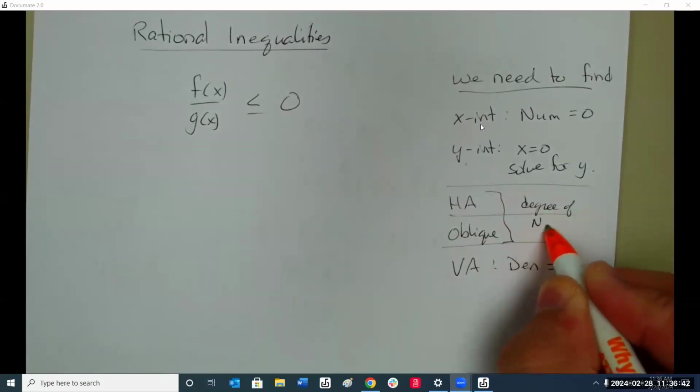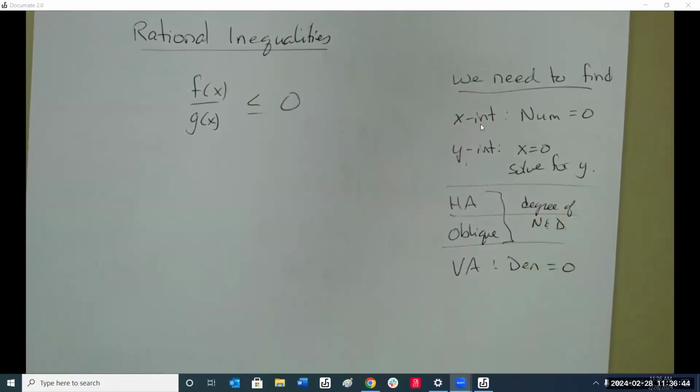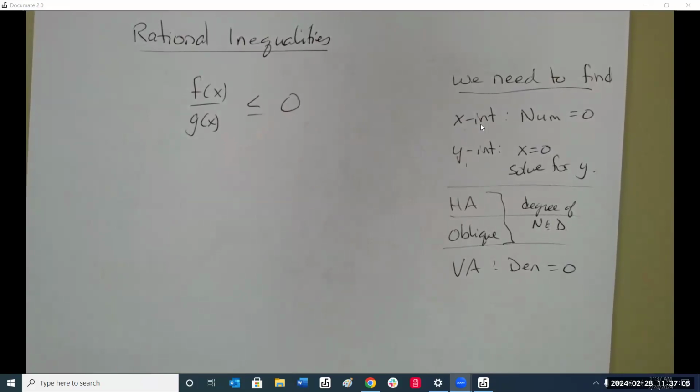Degree of numerator and denominator, not the coefficient. It's the x values that have degrees. Once we find all those, we figure out where it fits in the graph, and then we put our answers accordingly.